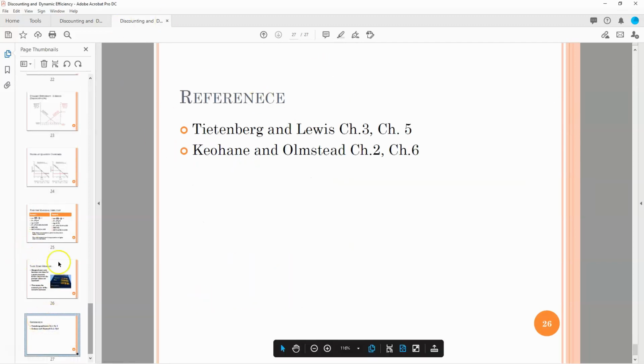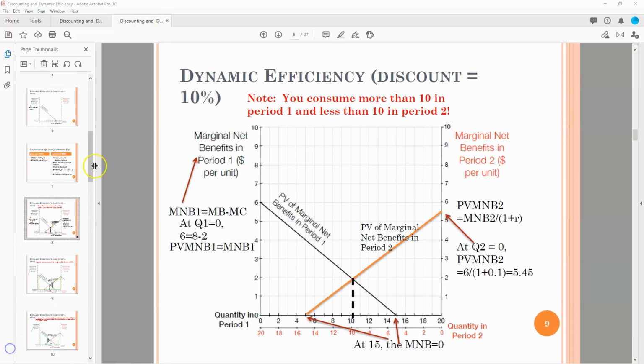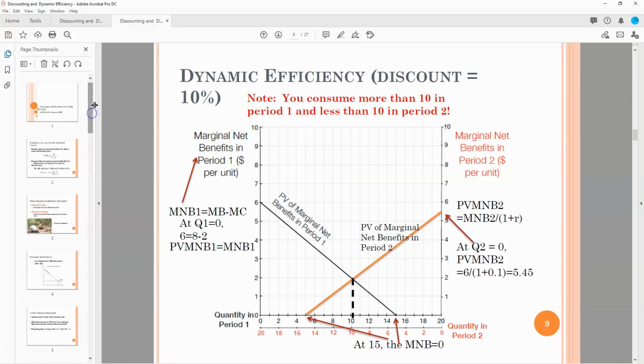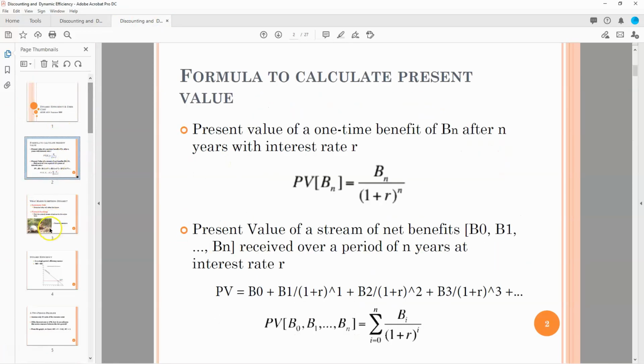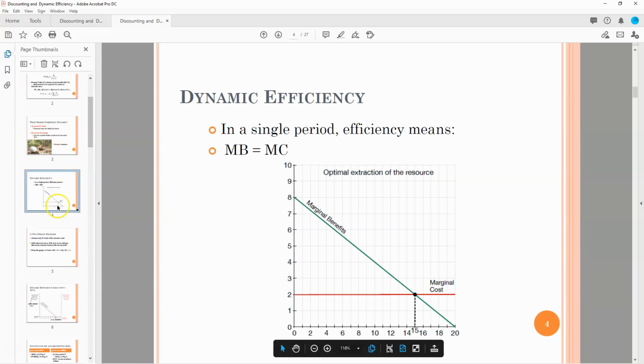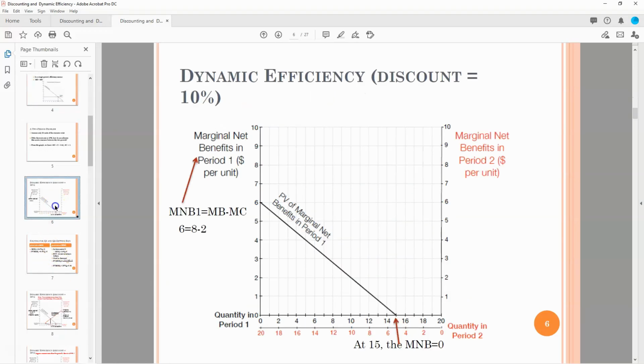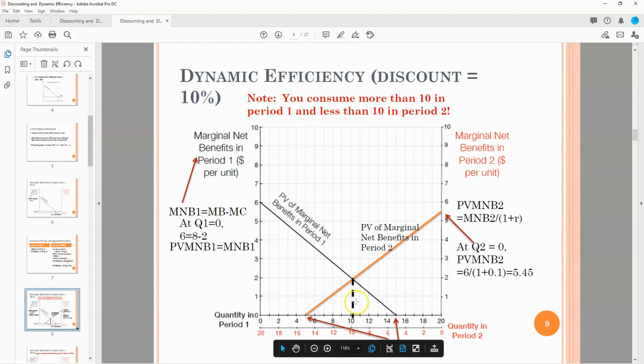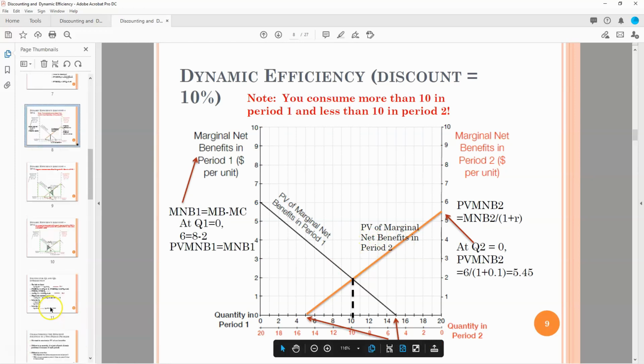And here is a reference for this video. And remember what we talked about in this video. We first reviewed the present value and the future value, and then we talked about dynamic efficiency. We talked about how to get the dynamic efficiency when there are two periods with an interest rate or a discount rate equal to 10%.